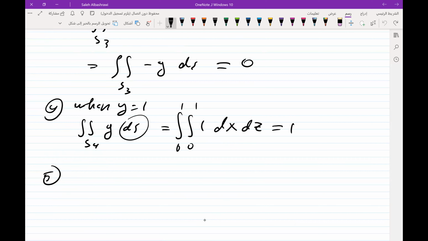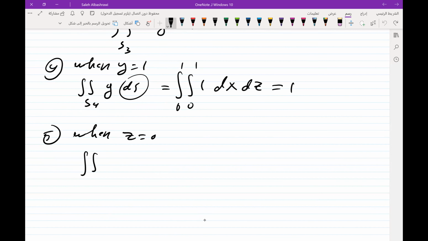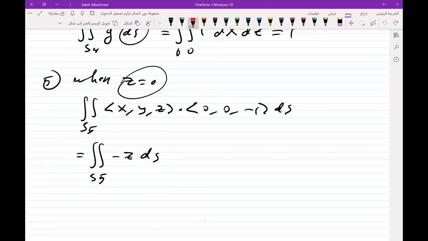Number 5, when z equal to 0, that is the fifth one. The normal vector is 0, 0, minus 1. So it is minus z ds, but z is equal to 0, so I will have 0 in this case.